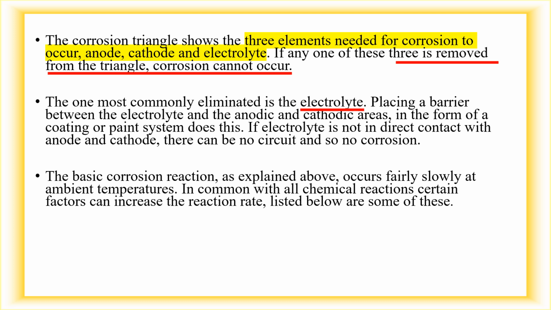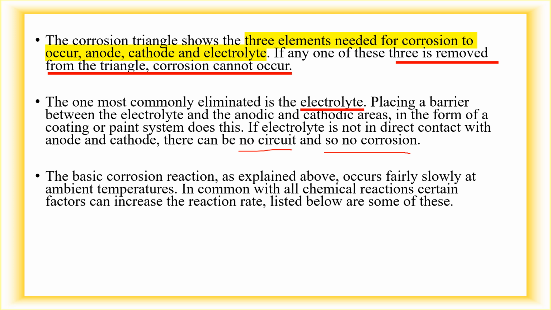If the electrolyte is not in direct contact with anode or cathode, there won't be any circuit, and so corrosion will not occur. So the contact between anode, cathode and electrolyte is to be removed by means of painting.